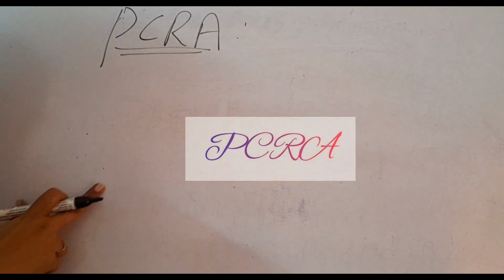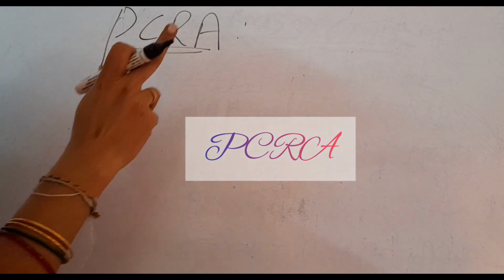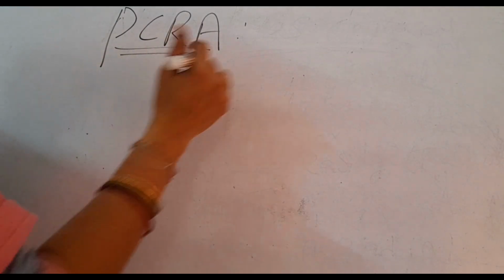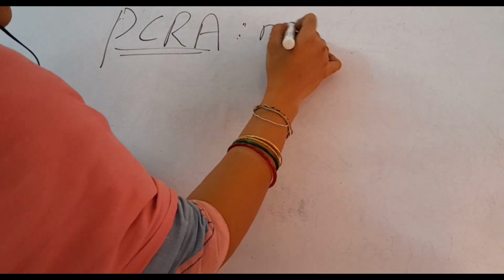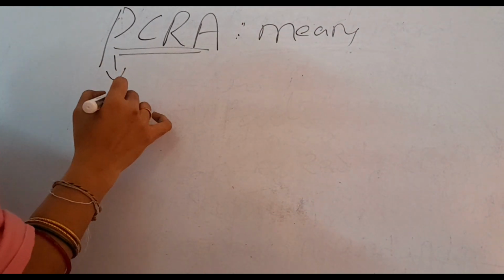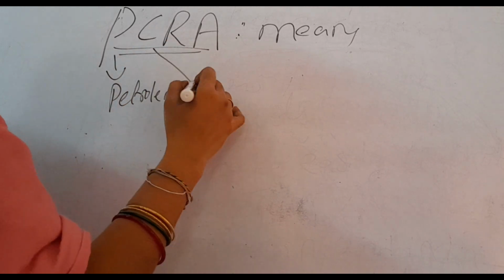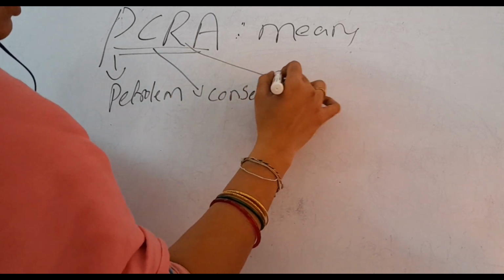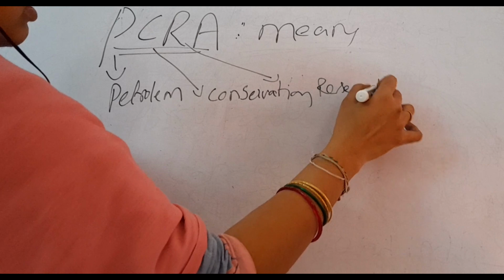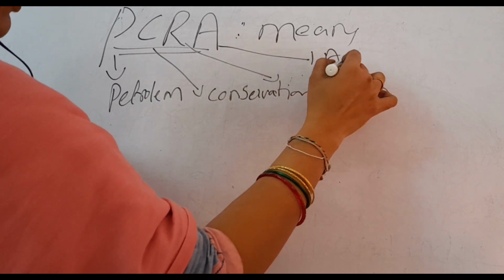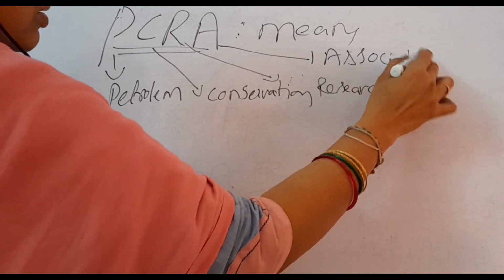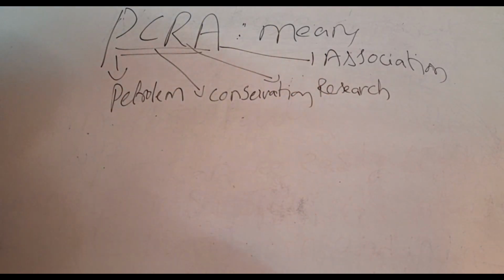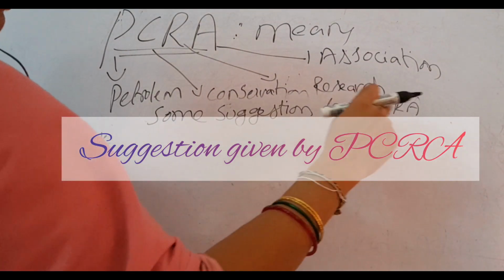What is PCRA? PCRA means Petroleum Conservation Research Association: P for petroleum, C for conservation, R for research, A for association. Here are some solutions from PCRA.